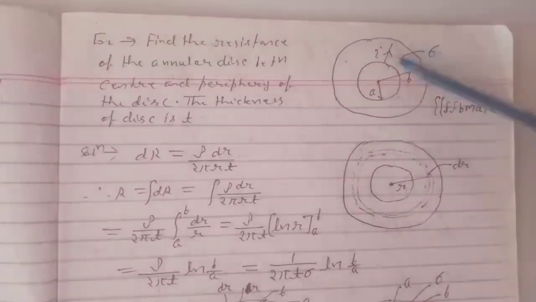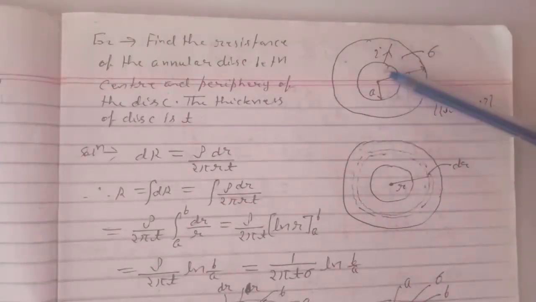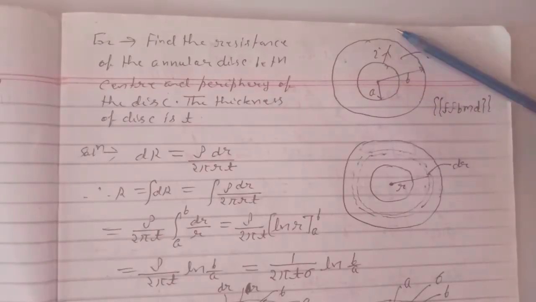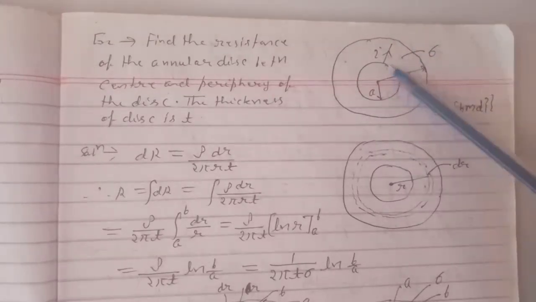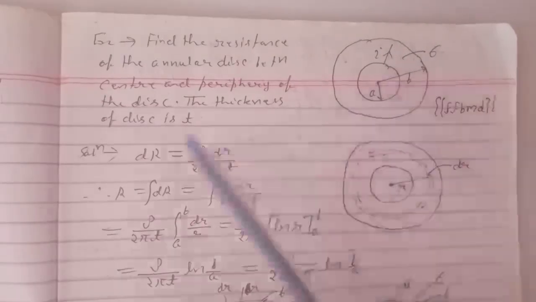Then we have to find the resistance, and current is flowing from this direction to this direction, and the thickness of the disc is given, it is t.